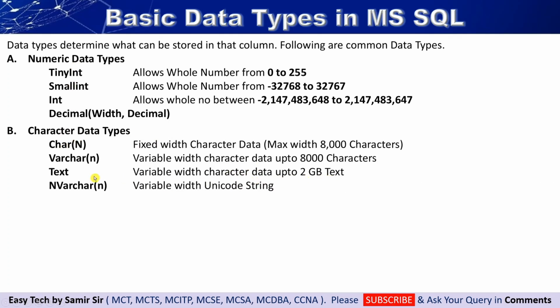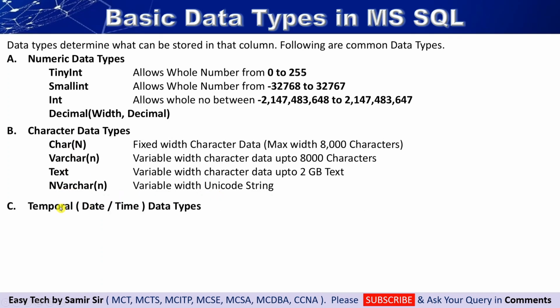And if you want to store something other than alphabets, some special Unicode characters, like if you are storing information for other languages, like Hindi or Chinese, those characters will take information in the form of Unicode. So you have to store data in an nvarchar Unicode field.